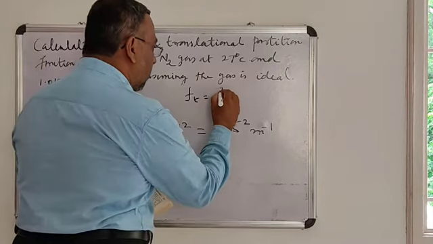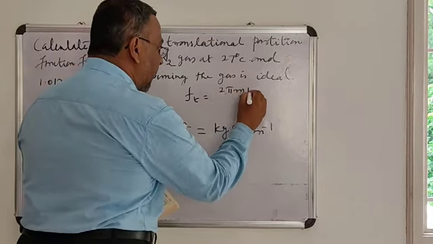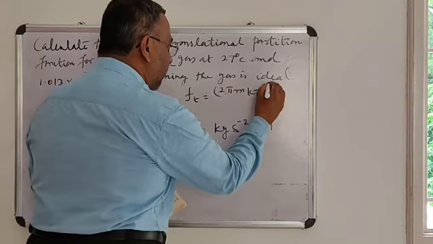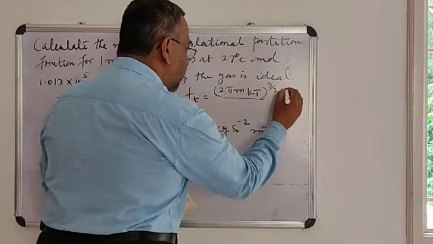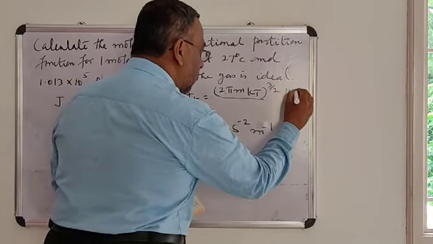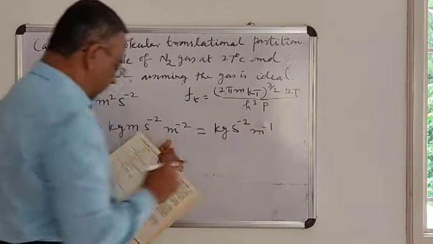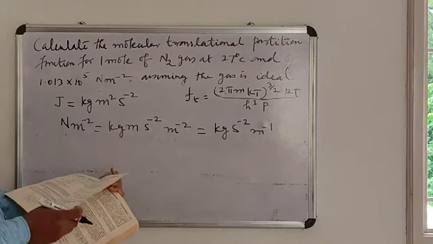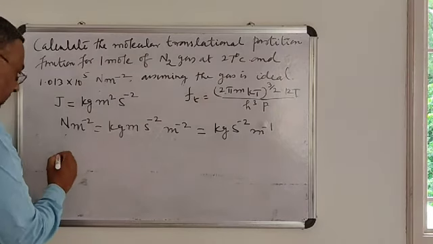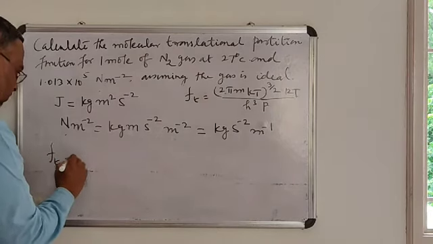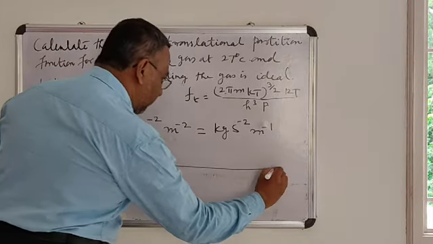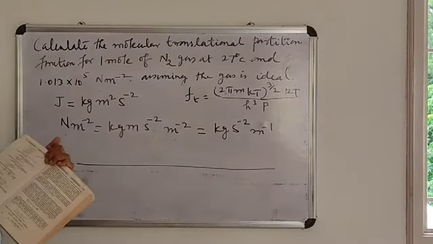Formula is 2 pi m k t power 3 by 2 into RT divided by H cube into P.